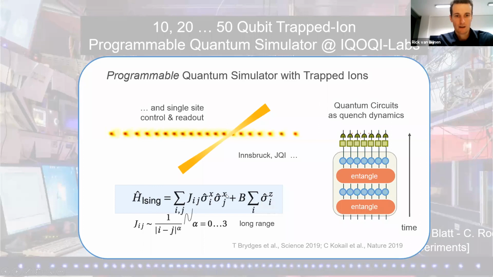So I have an XX interaction with some J_ij in front, with a power law. So it's decaying with distance, but it can actually be a slow decay. And then they can also do local fields. On this experiment, they can, for instance, just apply this Hamiltonian for some time to do a quench, or they can maybe do some single particle rotations.